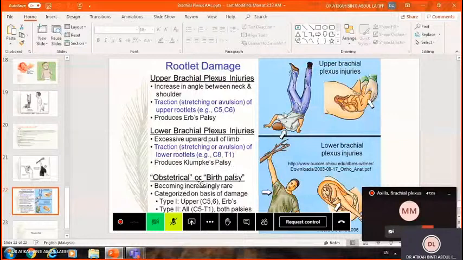In obstetrics, in babies' delivery, both can happen depending on the procedure. If the arm is pulled, it can cause a lower brachial plexus injury. If a baby is born and the arm looks like the waiter's tip position, then you know the injury is at the upper brachial plexus. But if the baby is born and the hands are in a claw shape, you know there might be a lower brachial plexus injury.